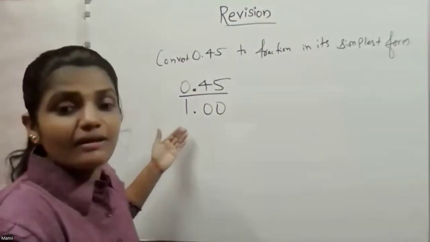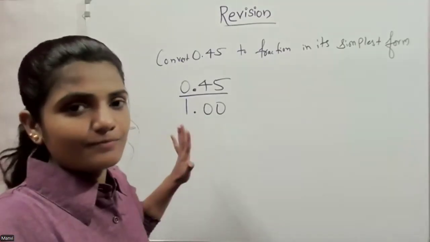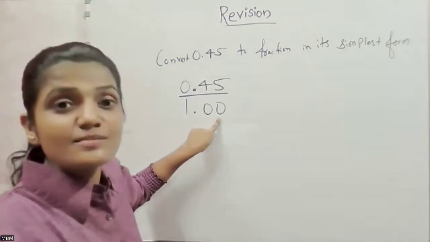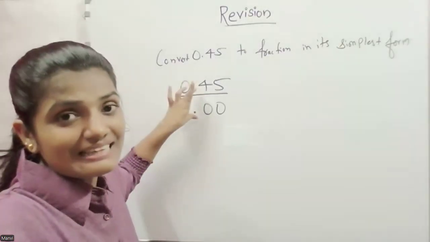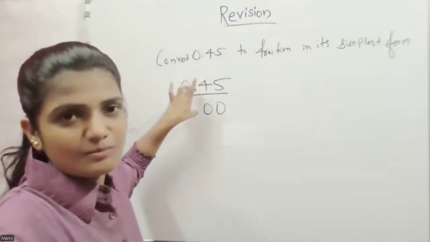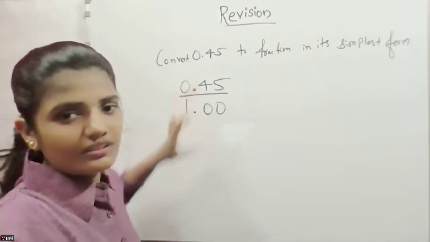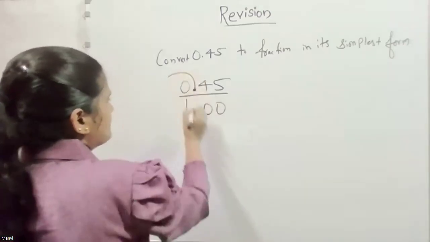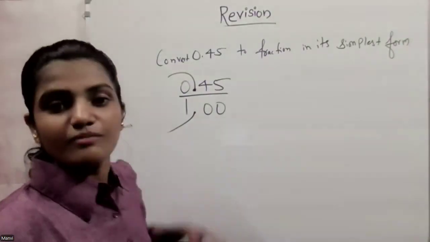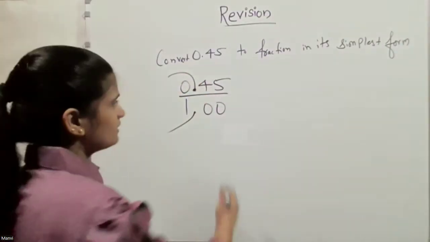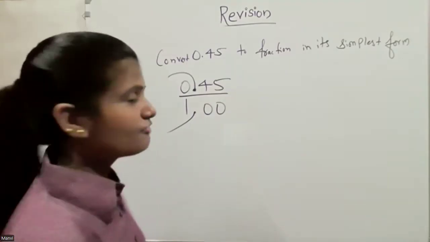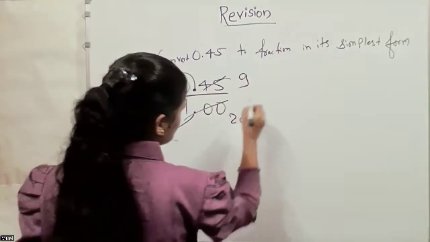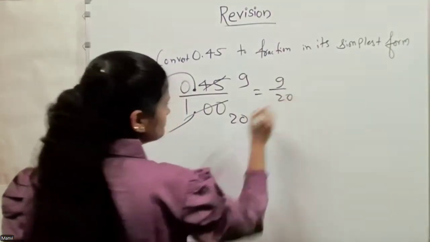Why are we writing this 0, 0? Just because we want to cancel the decimal point. Now both have the same decimal places. We can easily cancel these. This will become 45 and 100. Now you can simplify. 5 times 9 is 45, 5 times 20 is 100. Answer will be 9 by 20.